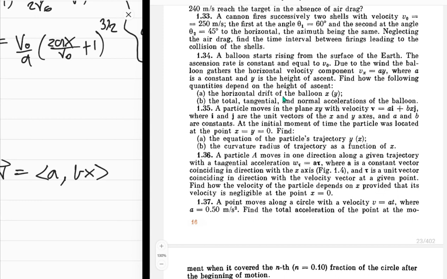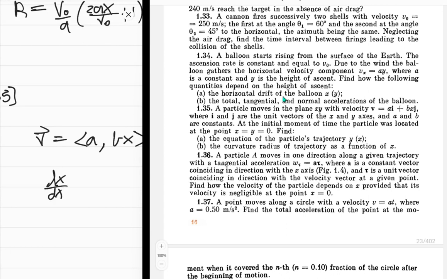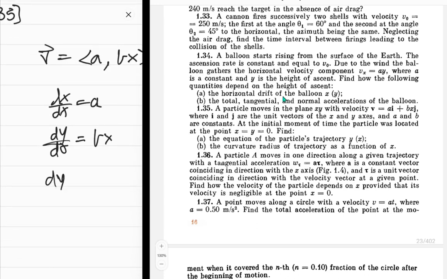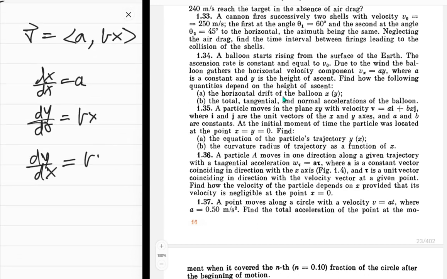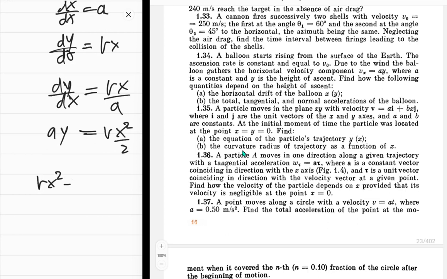Perfect. So now we know how to do it. dx upon dt is equal to a, and dy upon dt is just b times x. Now divide these two equations. So dy upon dx is just bx upon a. Integrating, y is equal to bx squared upon 2a, plus some constant. The particle is located at x equal to y equal to 0 initially, so that constant is 0. So bx squared is equal to 2ay.